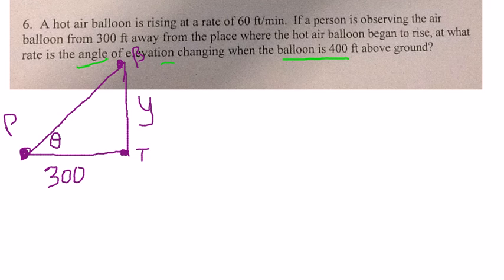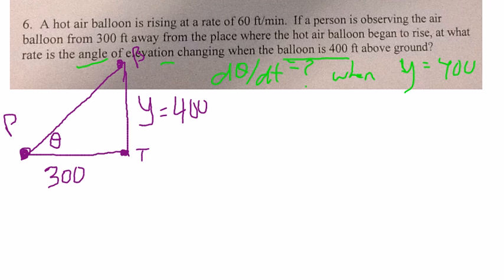So it's asking what is d theta dt equals what when y, which is this height that I labeled that's changing, is equal to 400. So next to this y I'm going to write that it equals 400, because that's where I'm concerned about it.